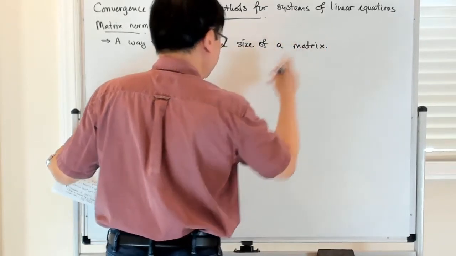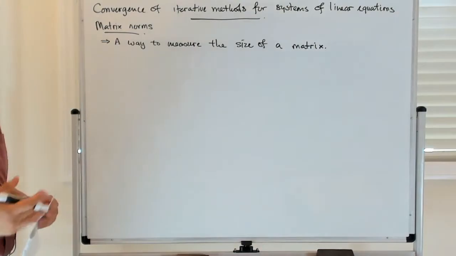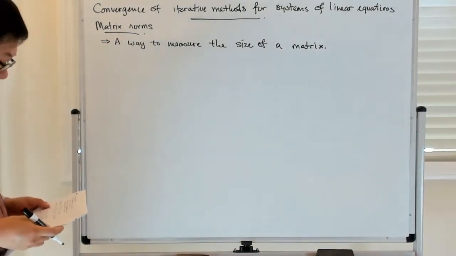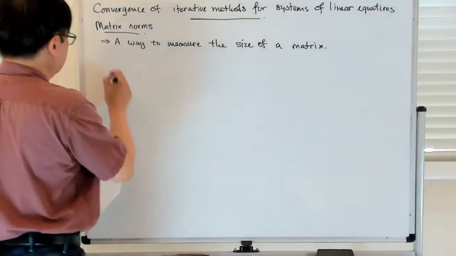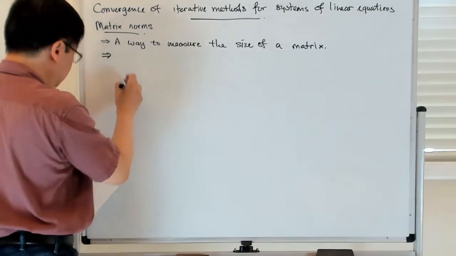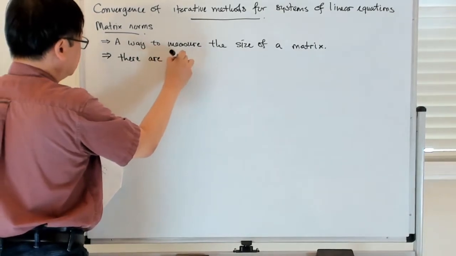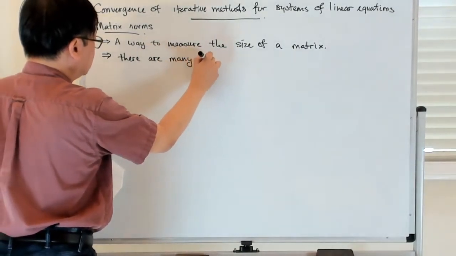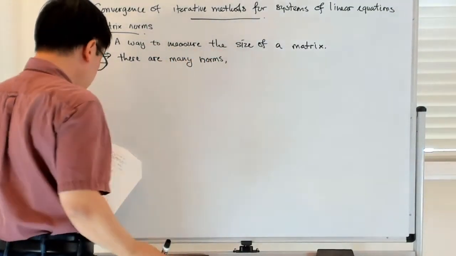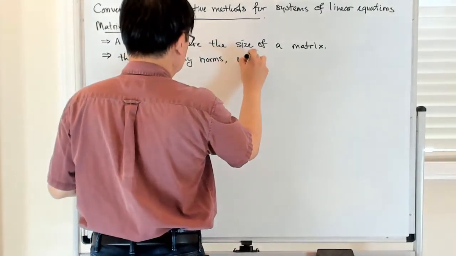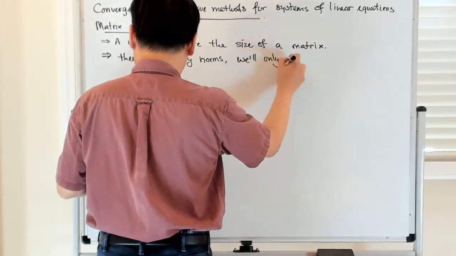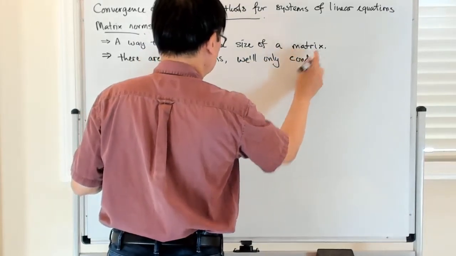But what we'll see is that it's induced by a norm on a vector. Okay. And so there are sort of many norms, and I'm just going to focus on one, so we'll only consider the infinity norm.